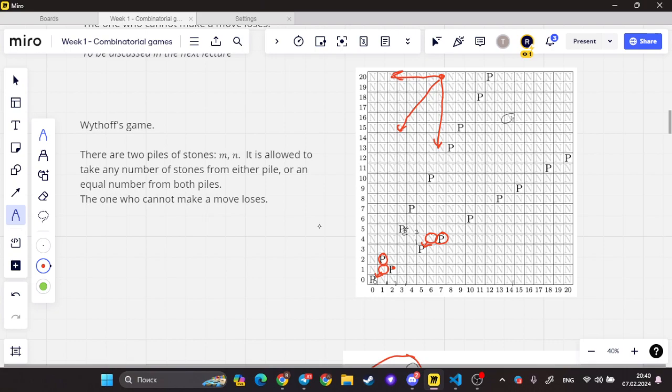And if we are located in some position that is n, that means we can win, and we just look at that number, and that's it. Did I answer your question?